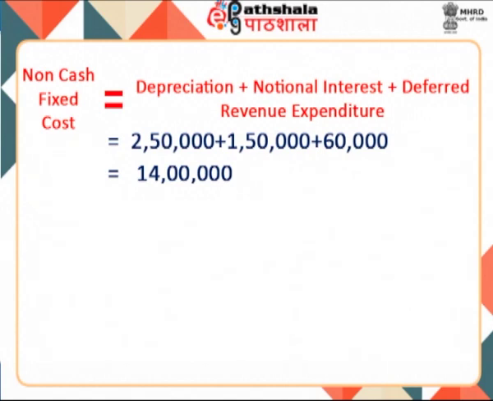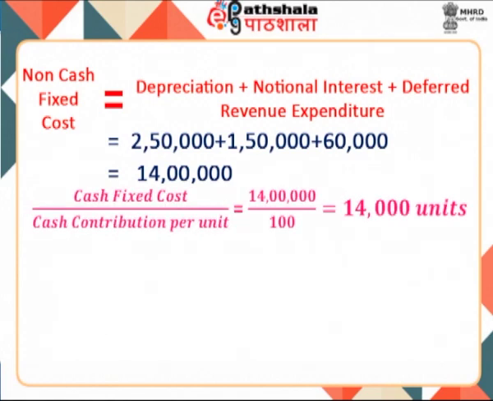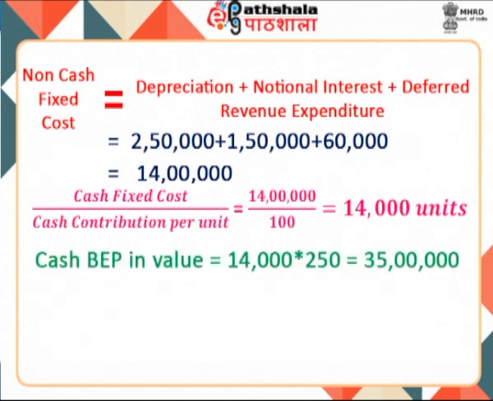Now, putting these values in the formula for cash break-even point in units, that is cash fixed cost divided by cash contribution per unit, that is 14 lakh divided by 100, which is equal to 14,000 units, and cash break-even point in rupees is equal to 14,000 units multiplied by rupees 250, which is the selling price, and it comes out to be rupees 35 lakhs.